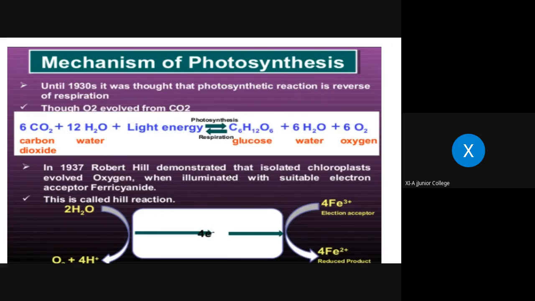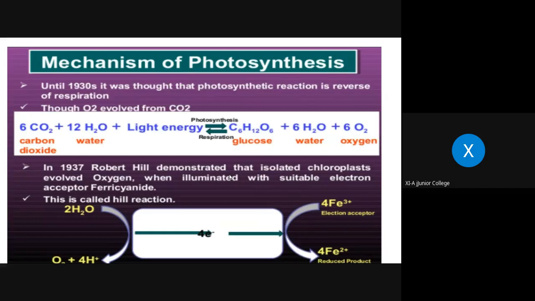How do we respire? What is the main thing that happens in respiration? We take in oxygen and release out CO2. So reverse of this means what? Taking in CO2 and releasing out oxygen, right? So it was considered like this. That means oxygen is evolved from CO2.